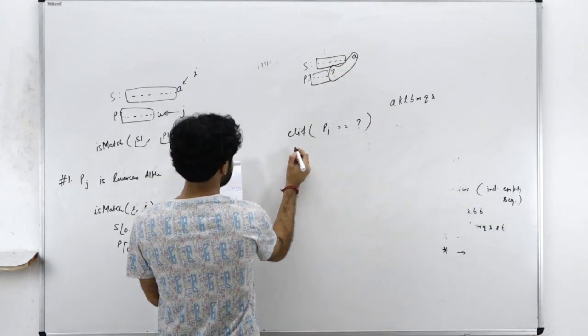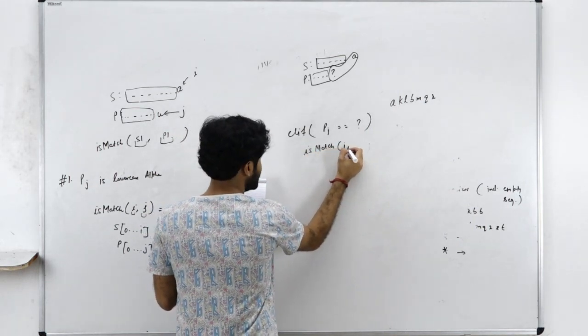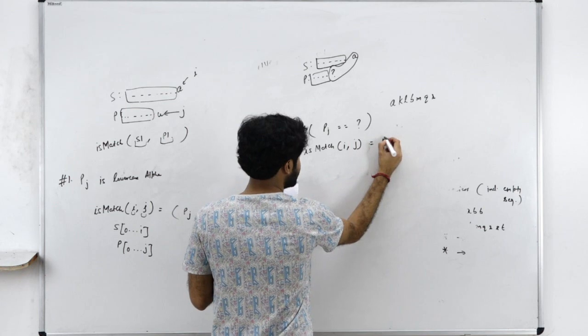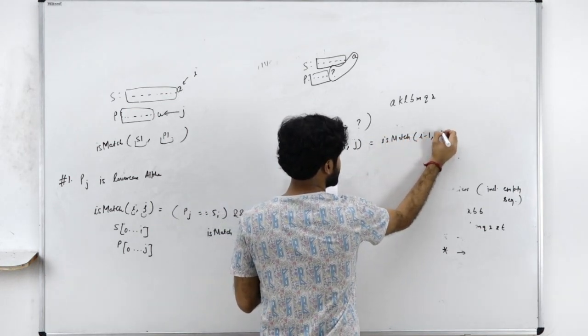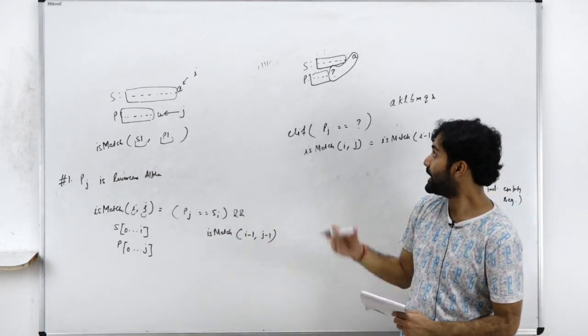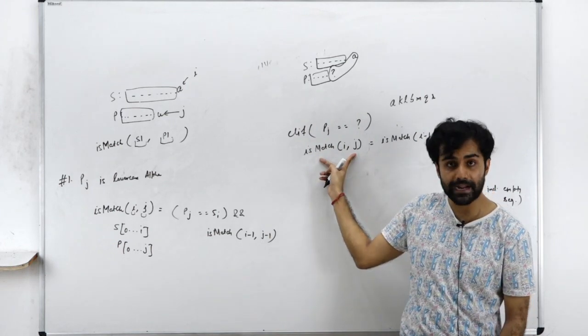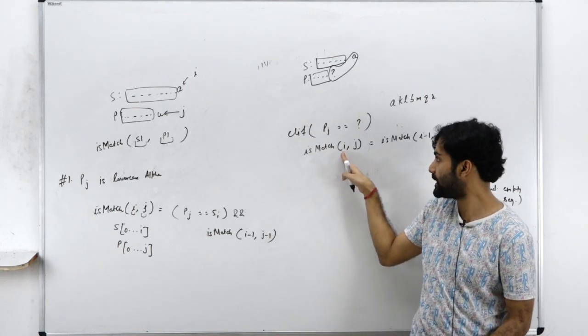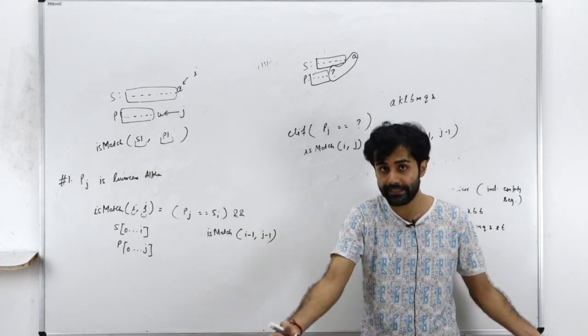So in this case, you can say that is match(i, j) will be the same as is match(i-1, j-1), right? Again, you have been able to see that I have reduced a problem of larger size, because the larger the value of i and j, the larger the strings would be, right?